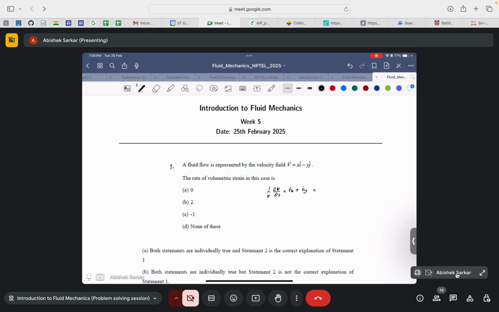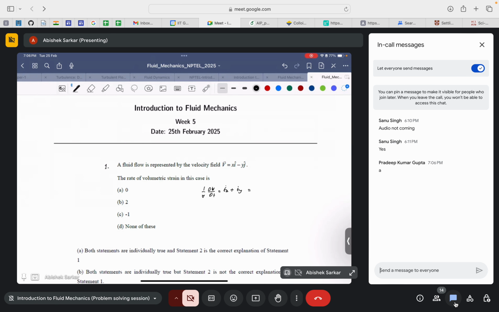So very simple. All the velocity components are given. Pradeep says A. So others, can you tell your answers as well? Very simple. Just need to do ∂u/∂x plus ∂v/∂y, because εx dot is ∂u/∂x and εy dot is ∂v/∂y.